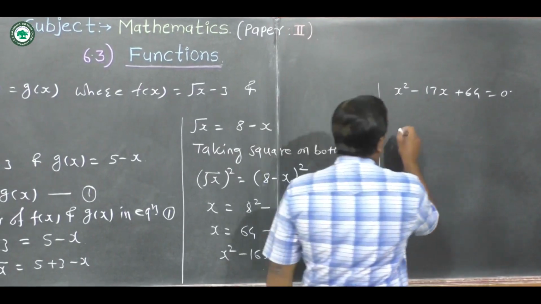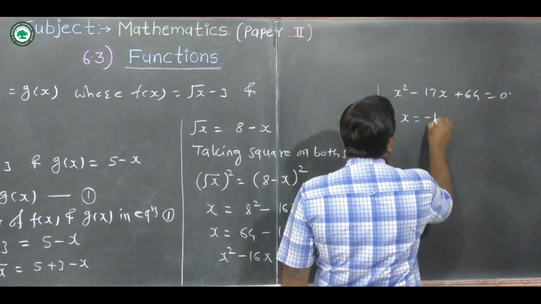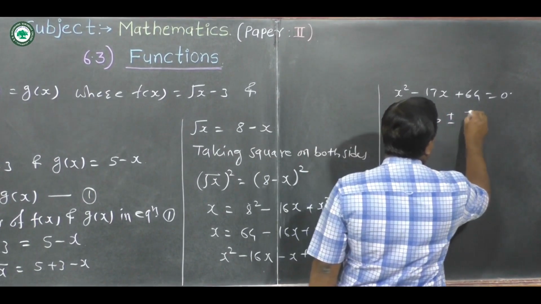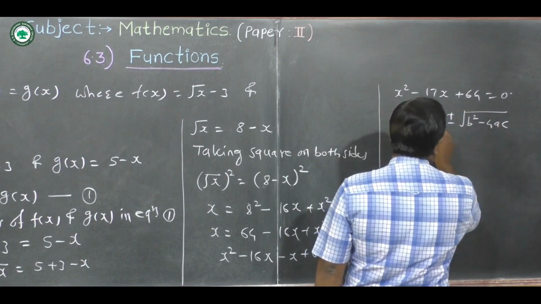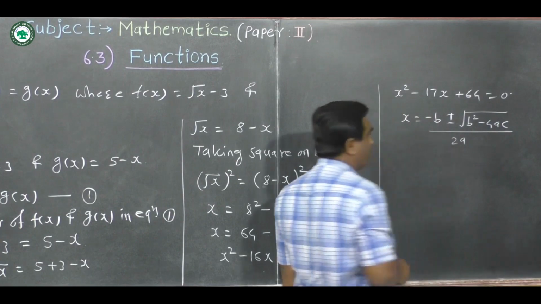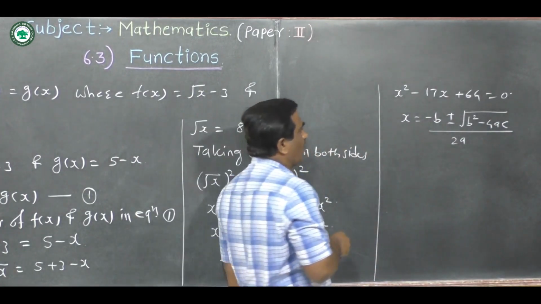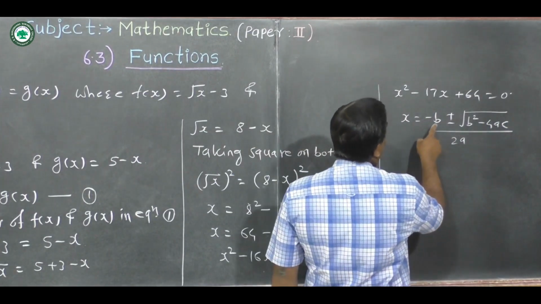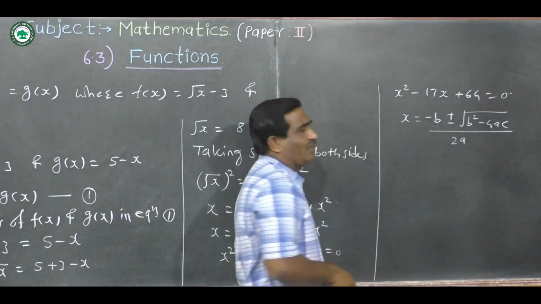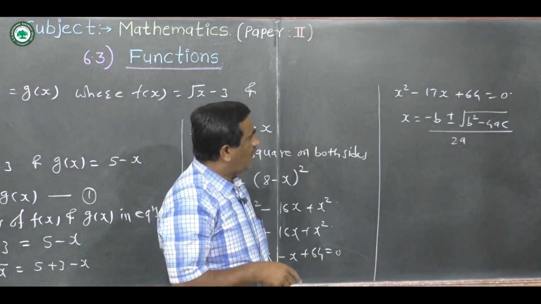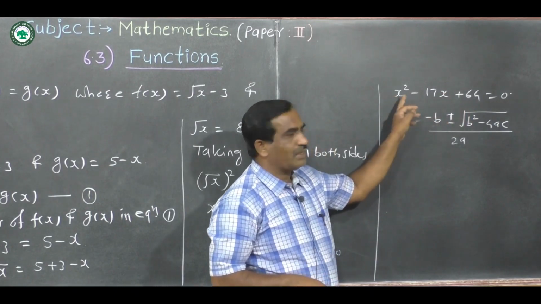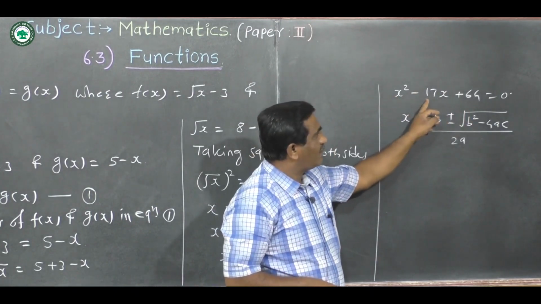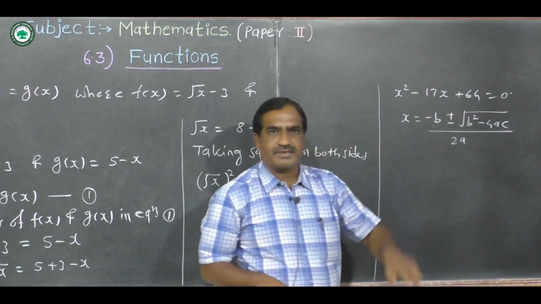We know that the formula is x is equal to minus b plus or minus under root b square minus 4ac upon 2a. Now put the values of a, b, c here. Comparing this equation with ax square plus bx plus c, we get a equal to 1, b is equal to minus 17 and c is equal to 64.